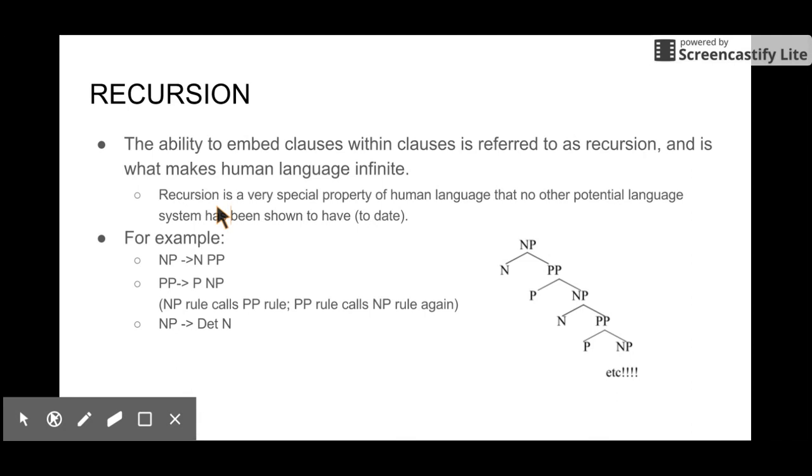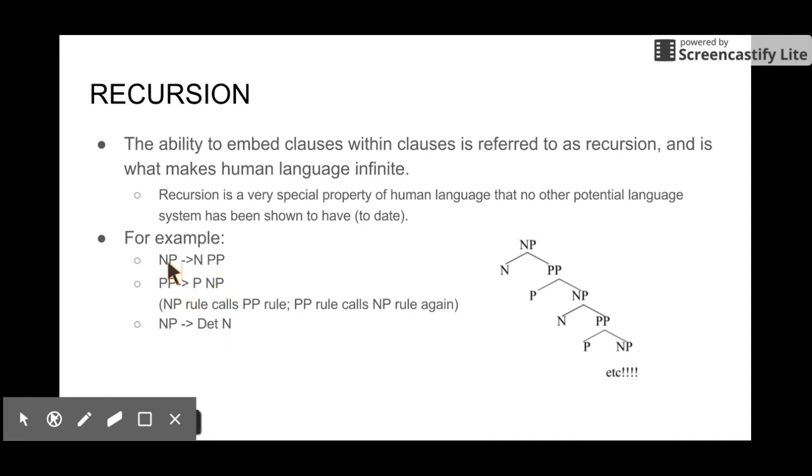For example, we can make infinitely long sentences. And here's an example of recursion. We have the NP rule, which is NP consists of N and PP. And then we have a PP rule, which is PP consists of P and NP. And these two rules will call each other.